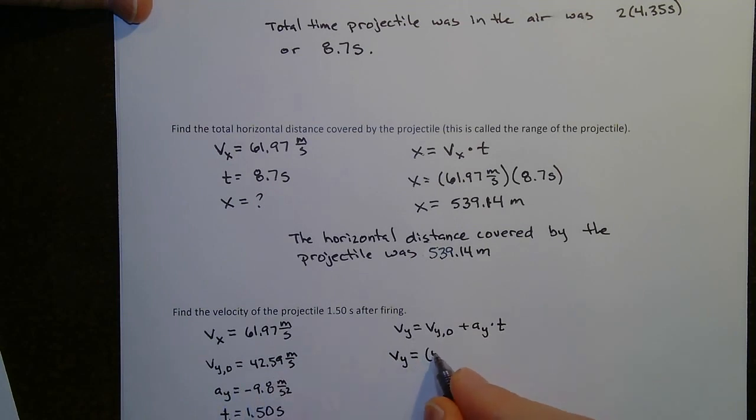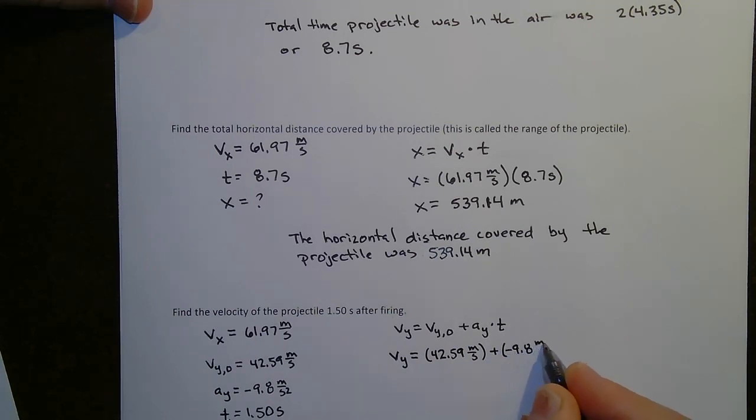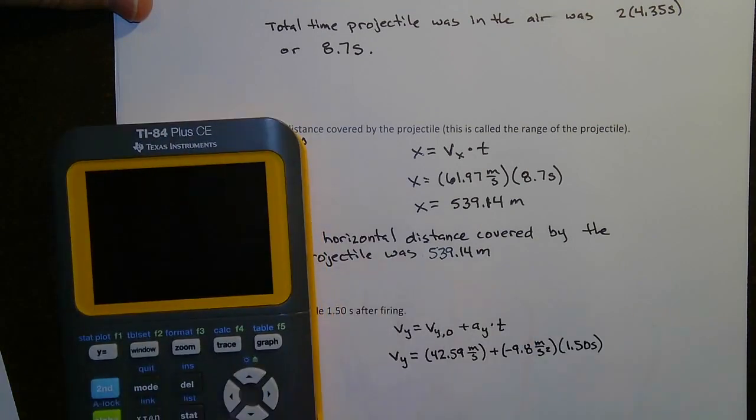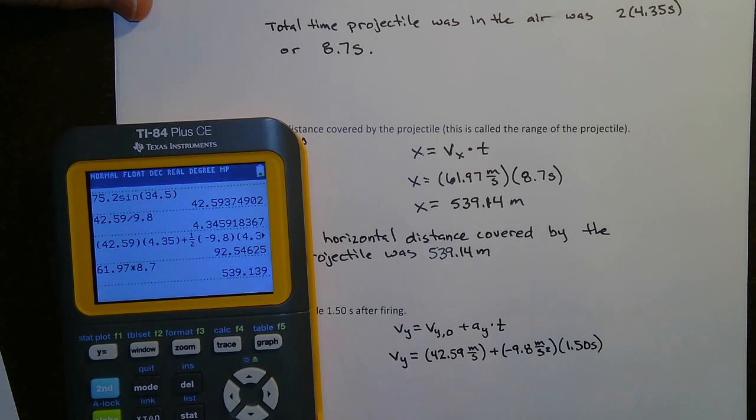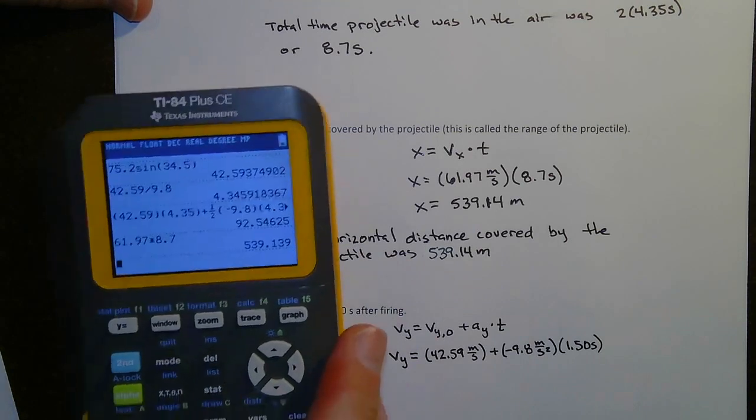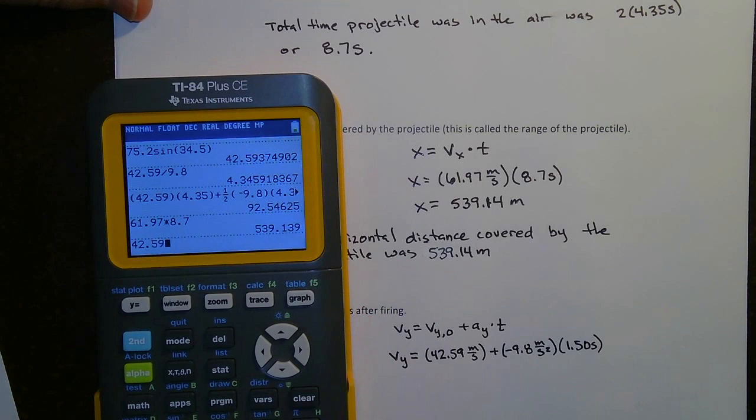So v sub y, the vertical velocity, is 42.59 meters per second plus negative 9.8 meters per second squared times 1.50 seconds. And when I multiply these, that's going to give me seconds in the denominator here. All right, so we have 42.59 on our calculator, and then plus a negative 9.8, and then times 1.5.